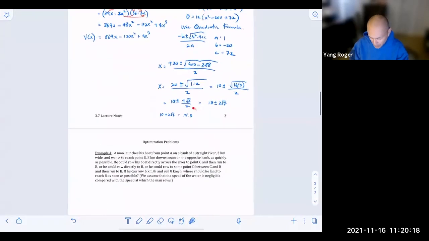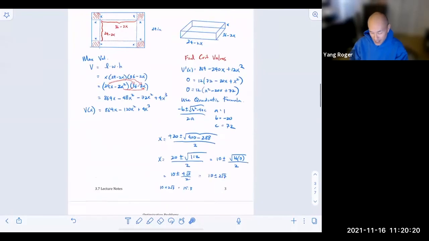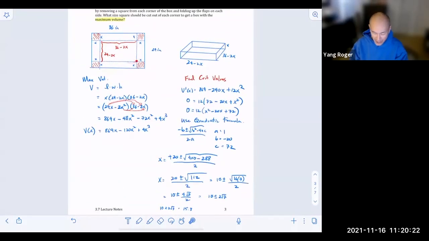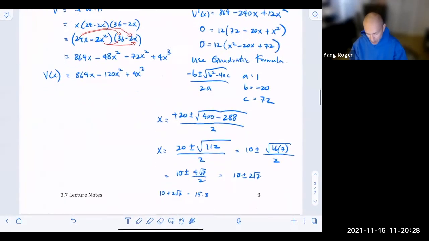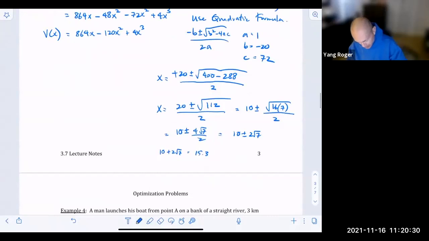So if you cut out something that was 15.3, that doesn't make sense. You're going to have no rectangle left. You'll have no box. The other value is 10 minus 2 root 7, and this gives you 4.7. 4.7 seems like a reasonable number.